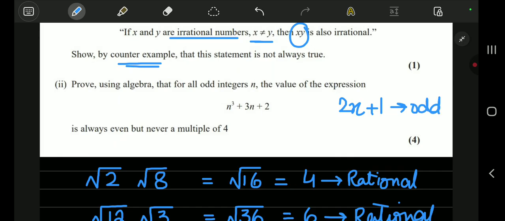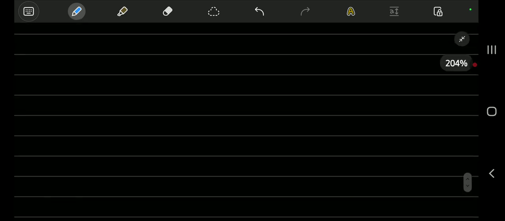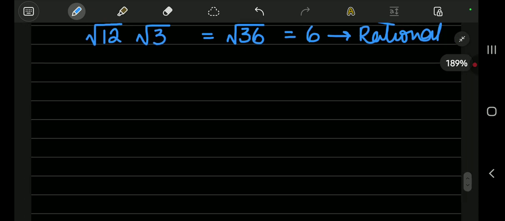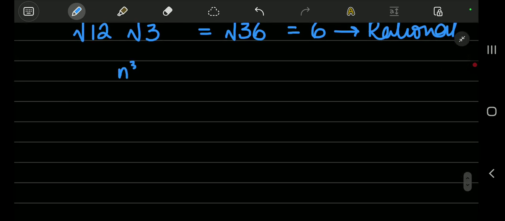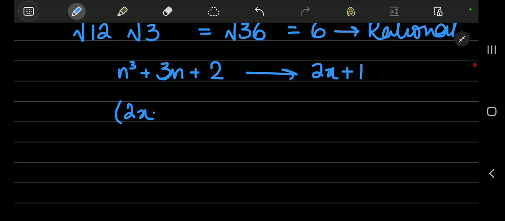So they say that for all odd integers the value of the expression, okay, so let's put this into the expression n cubed plus 3n plus 2. Substitute in 2x plus 1, so it will become (2x plus 1) whole cubed plus 3 times (2x plus 1) plus 2.